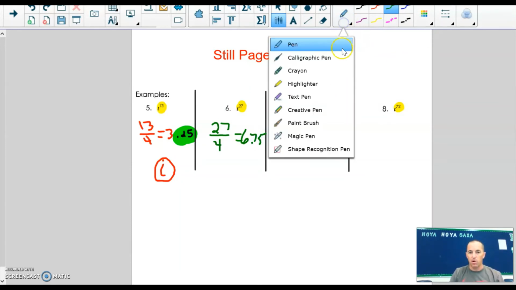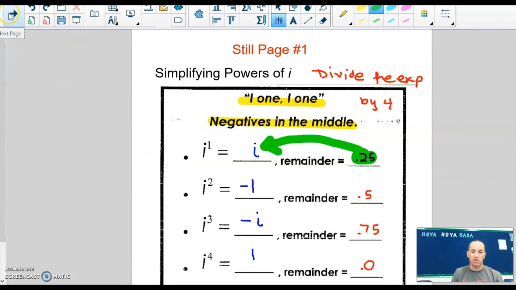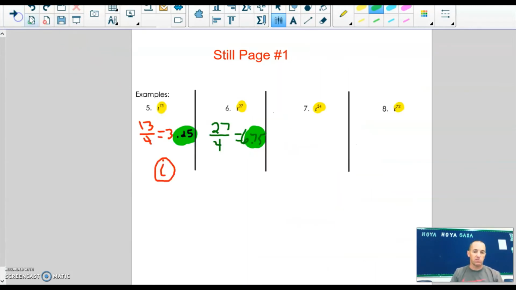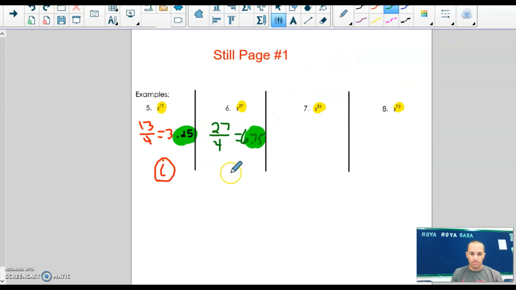Again, the important part is the decimal, 0.75. You look at the box just above these problems, and you'll notice that 0.75 represents negative i. So the simplified version of i to the 27th is negative i.